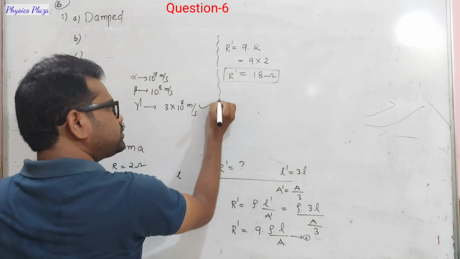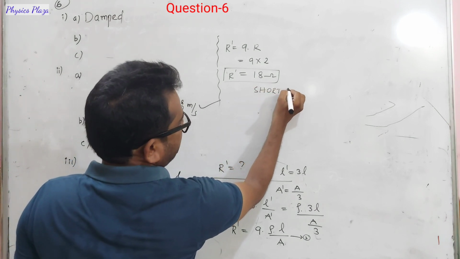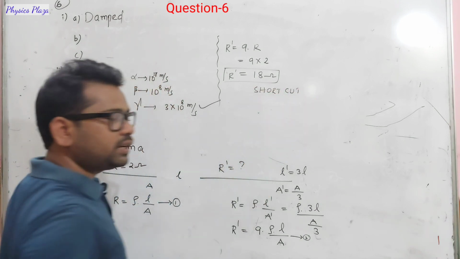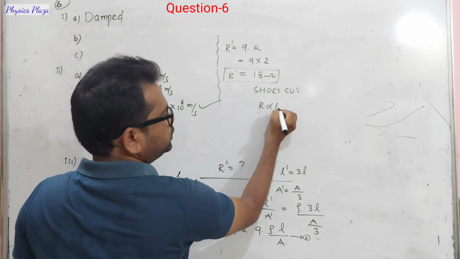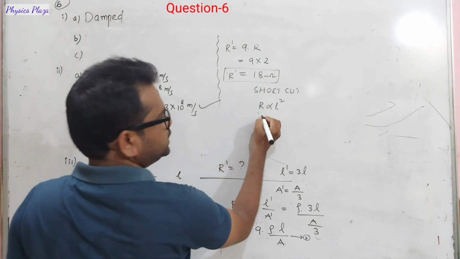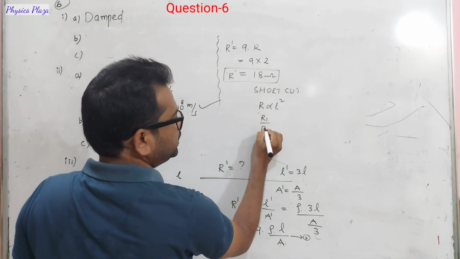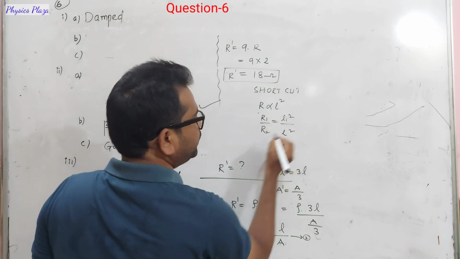Fine. For this we have a shortcut method also, children. Let us see the shortcut also. In a stretching case, resistance is proportional to L square. Only in the stretching case, this can be written as R1 by R2 is equal to L1 square by L2 square.